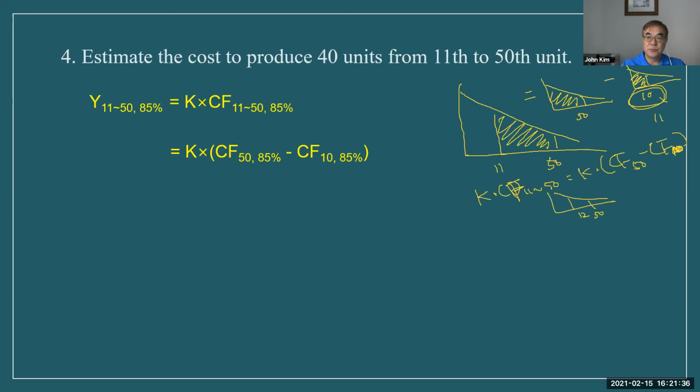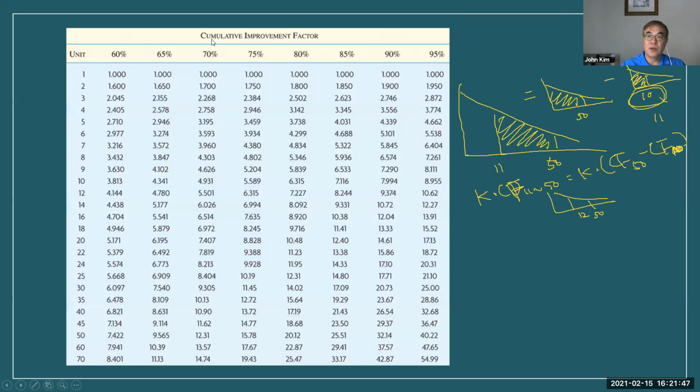From the chart, the second one, cumulative improvement factor: 50 at 85% is 25.51, and 10 is 7.116.